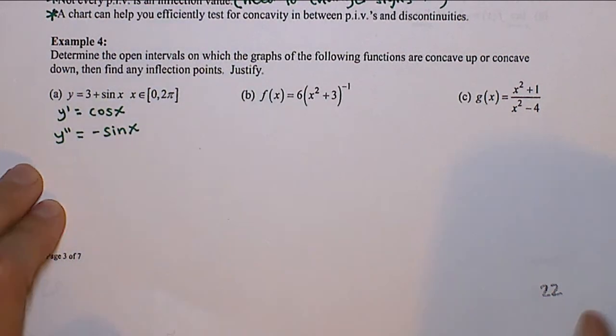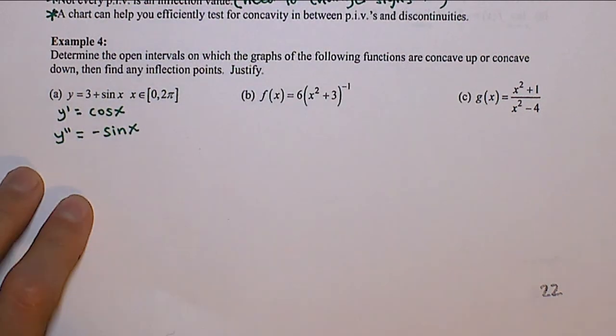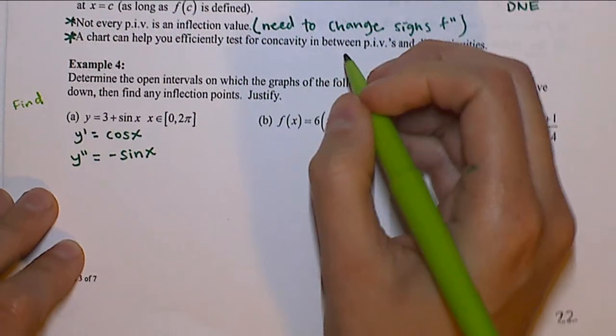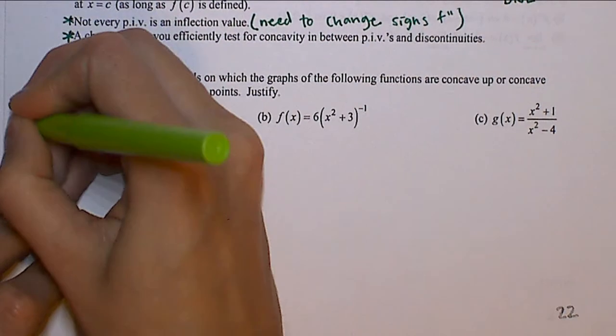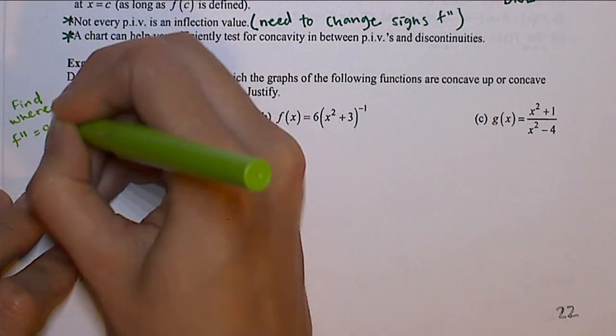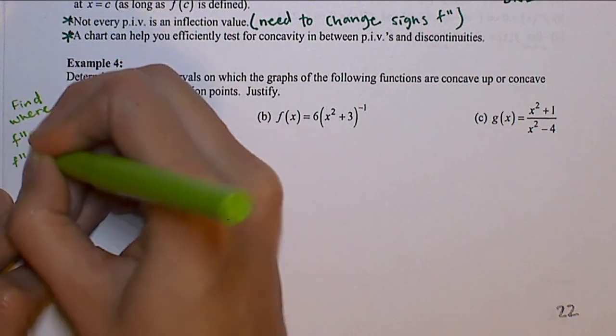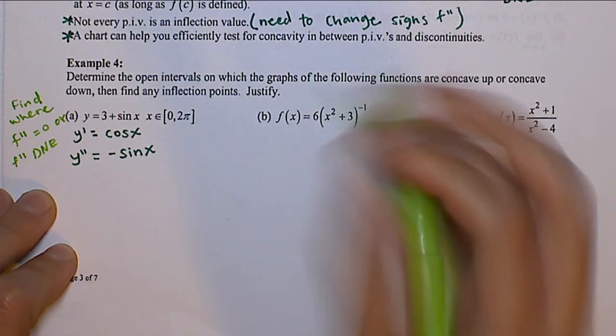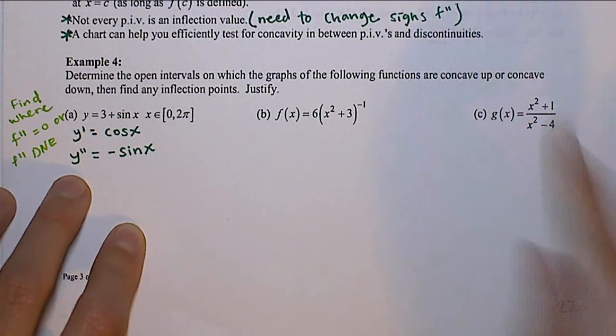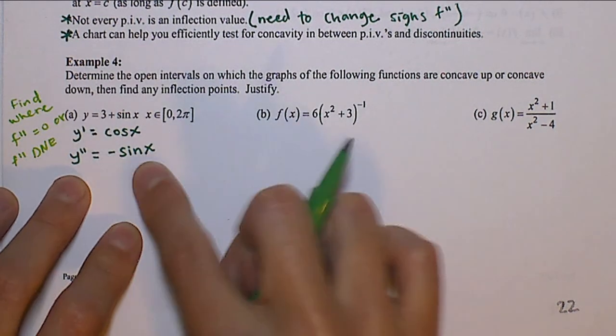So remember, we want to find where f double prime equals 0 or f double prime does not exist. There's nowhere where f double prime does not exist because trig functions are always continuous.